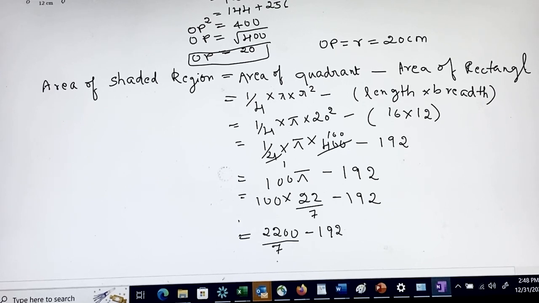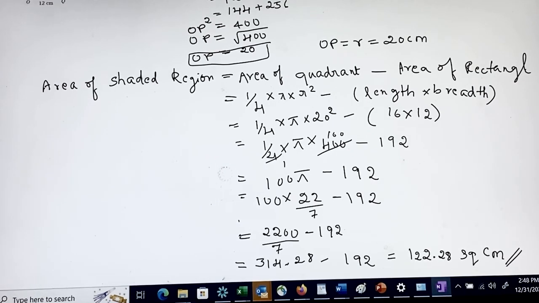Okay, so that is nothing but, if I divide 2200 by 7, I'll get 314.28 minus 192, that is nothing but 122.28 square centimeter is the area of the shaded region. Okay, so hope it's clear.